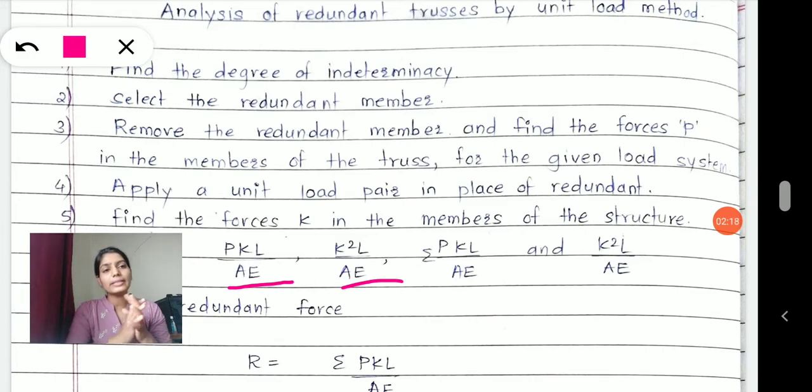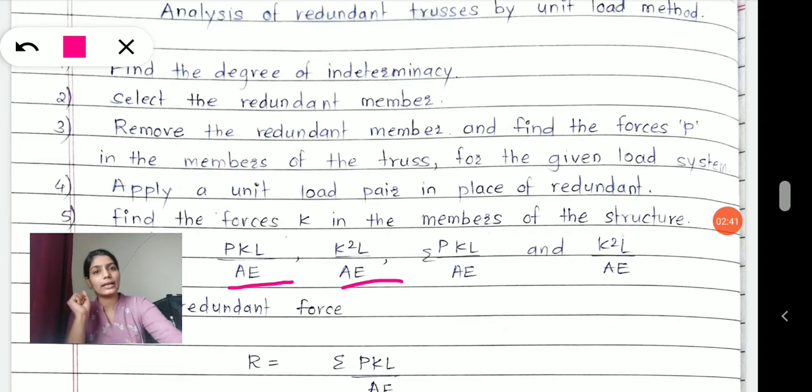The only question remaining is how to calculate the redundant, because earlier we directly had P forces and K forces. We will make a chart of P force and K force and analyze it. Here, we have P and K forces, but along with them, an indeterminacy, a redundant force, has been involved in the structure.